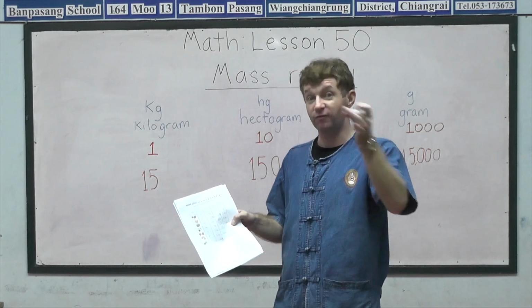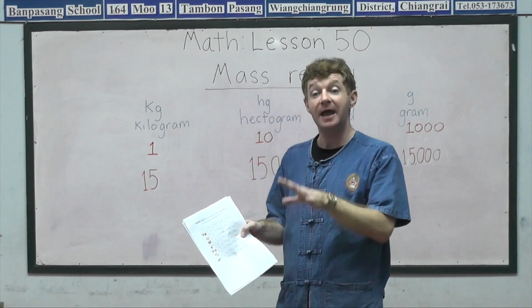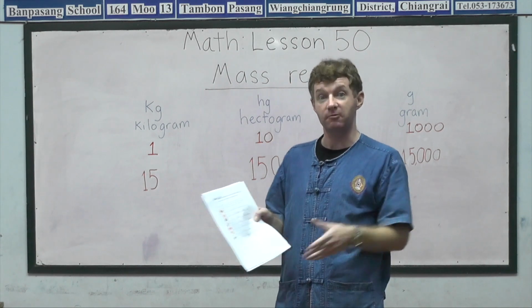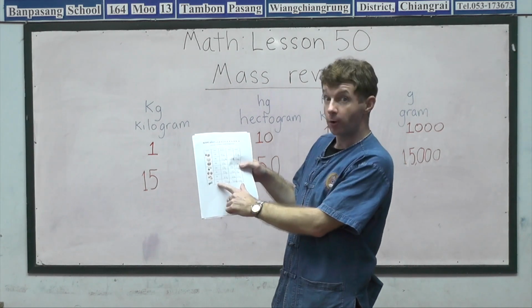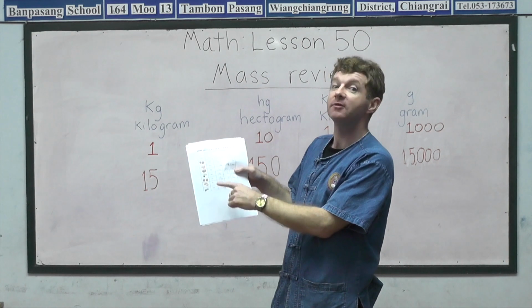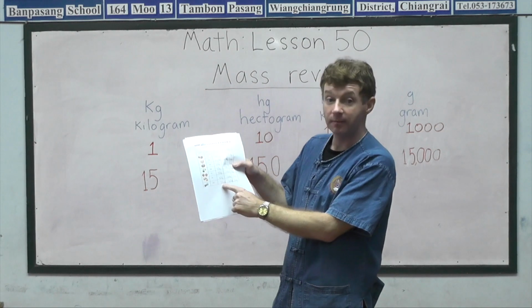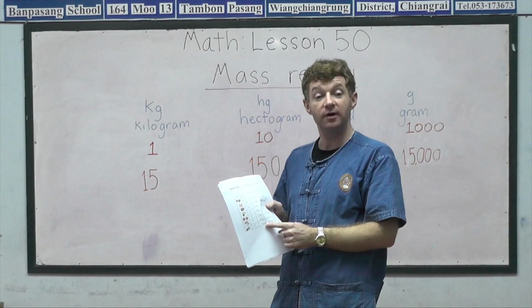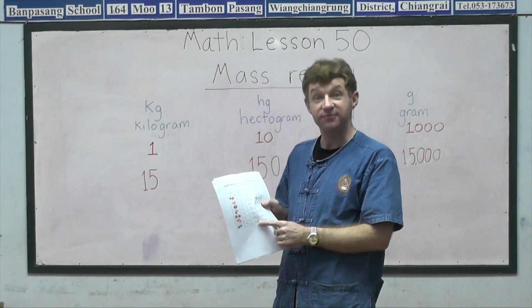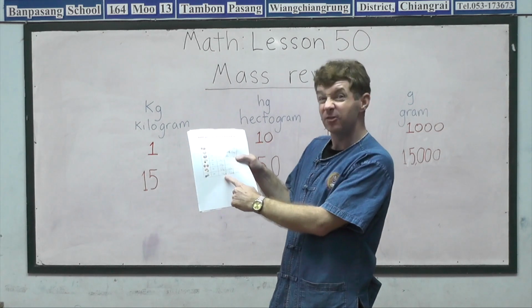So 350 grams, 3 hectograms, 50 grams. And the same for pineapple. Pineapple weighs 250 grams. So that's 2 hectograms. And how many grams left over? 50 grams left over. We still need to include.